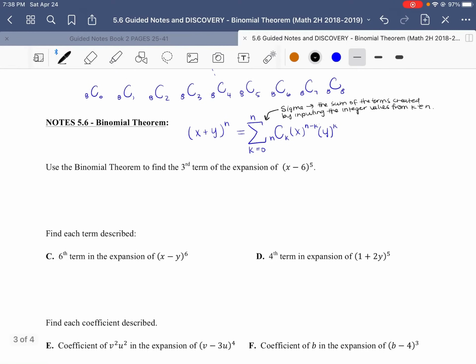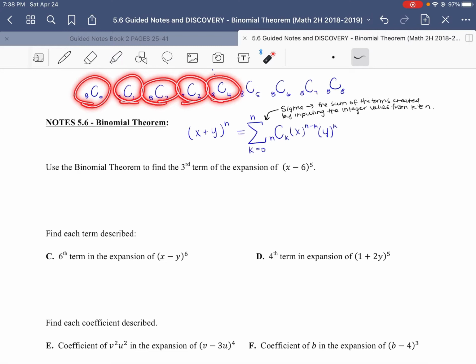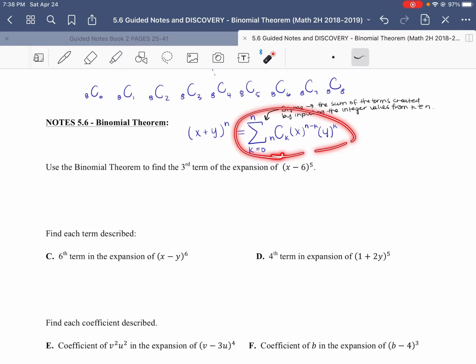So it's just a shorthand way of saying, for example, that there are like 8 different, well technically 9 because there's a 0th term, that there's 9 terms here. And so we would say that if we were putting this into the binomial theorem here, the k values, or these values right here, range from 0, because that's where it starts, up to n. And we could say we're going to look at it up to 8 and start at 0. So we could express this in that way.